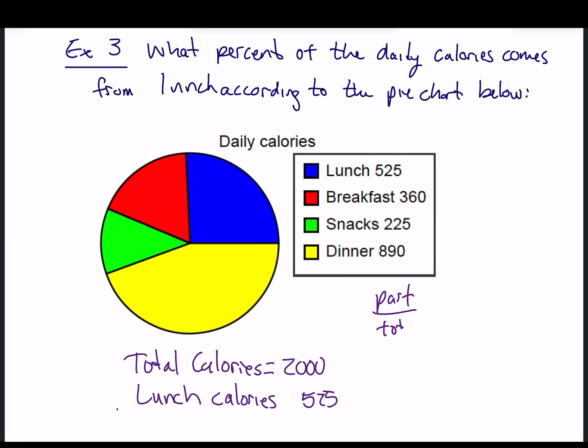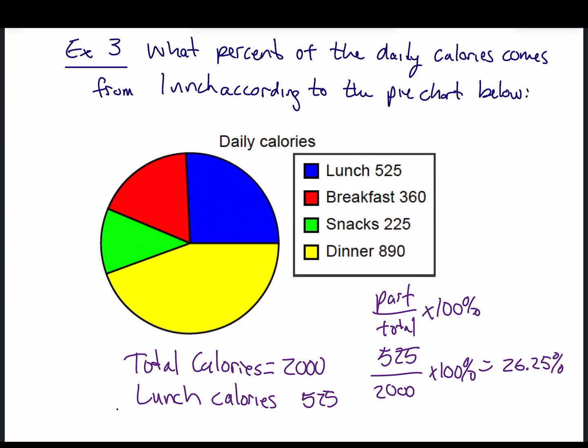So again, we have part over total times 100%, which is 525 out of 2,000 times 100%. And when we do that math, we get 26.25%.